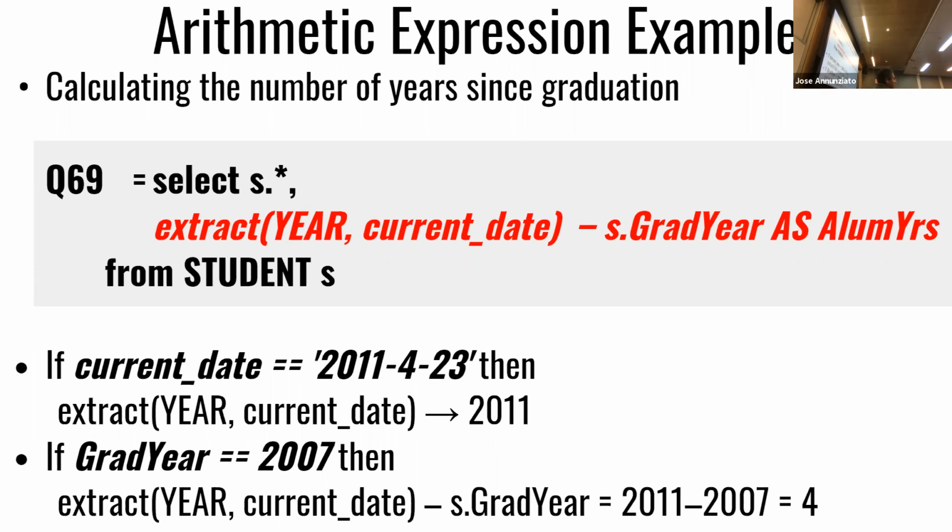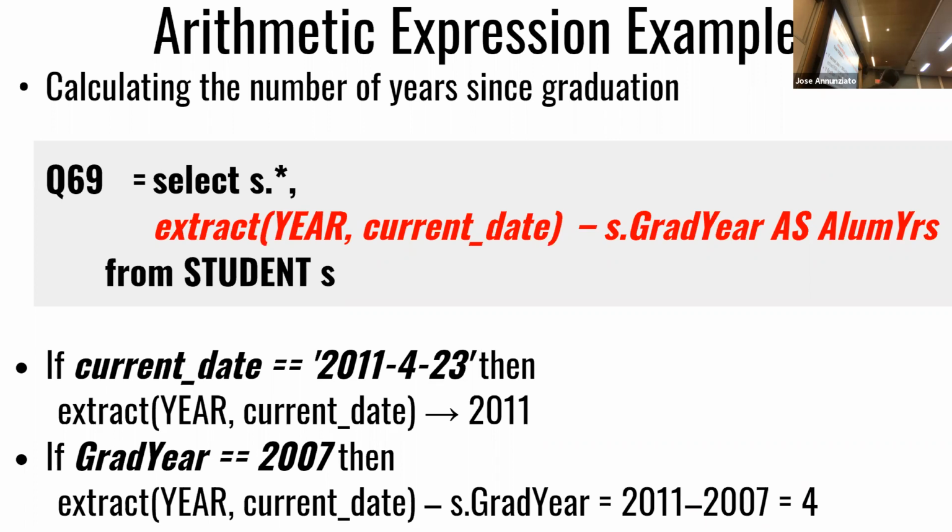We can do that by calculating the current year minus their graduating year. That could be positive if they graduated already, or negative or 0 if they haven't graduated yet. So that last column will be positive if you've graduated already, or negative or 0 if you haven't graduated yet.